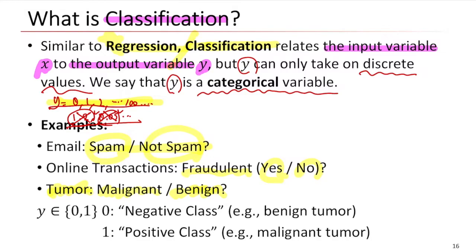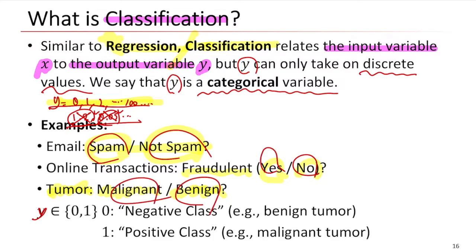So in all of these cases, y can be one of two cases: spam or not, yes or no, malignant or not. Actually, this is a two class classification problem.